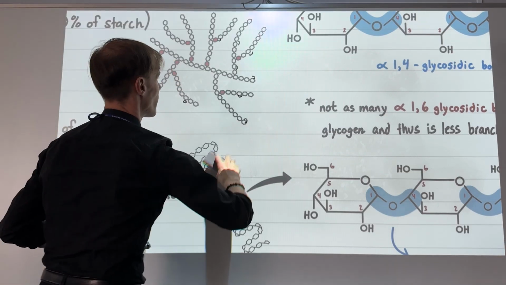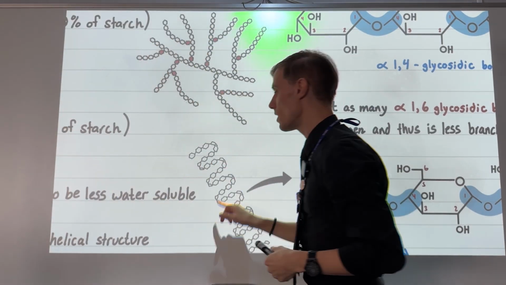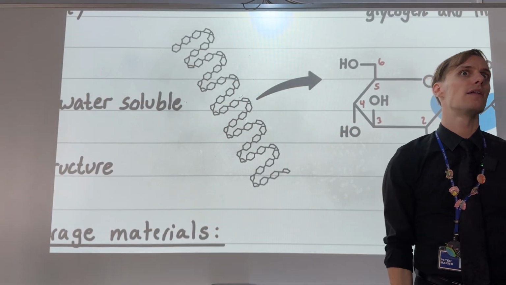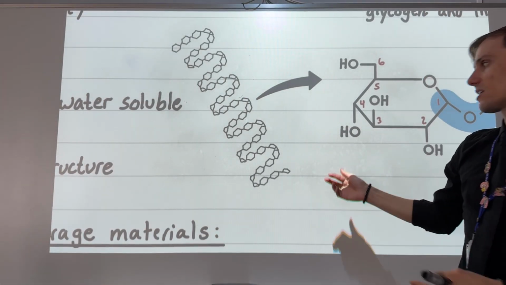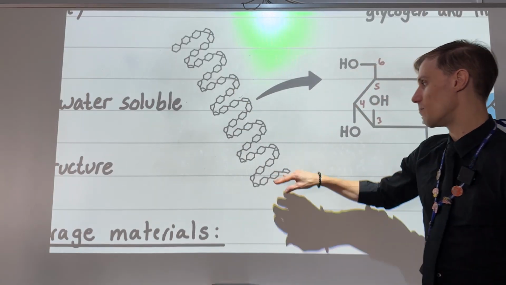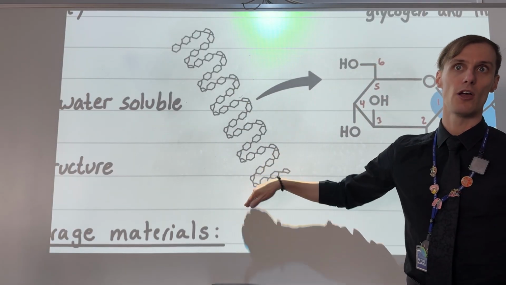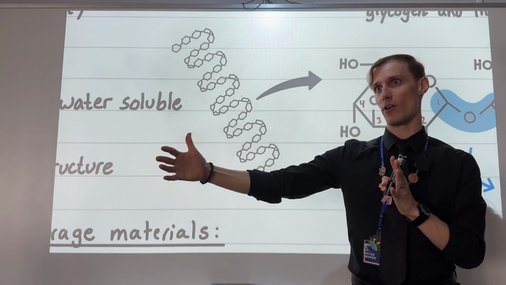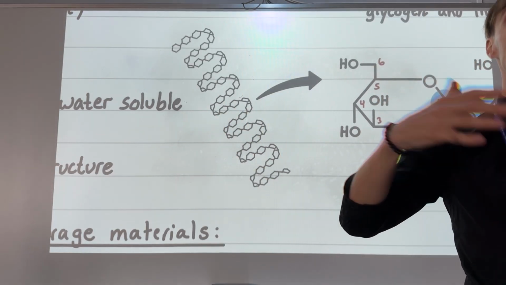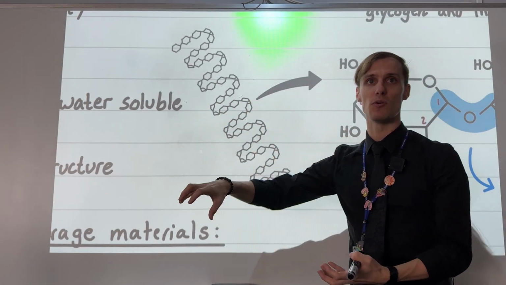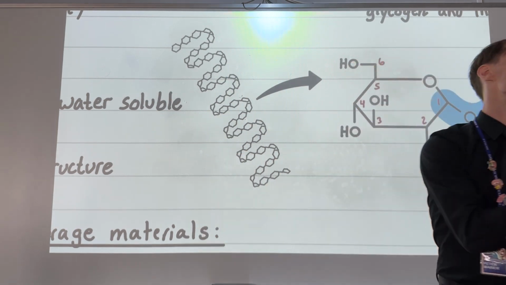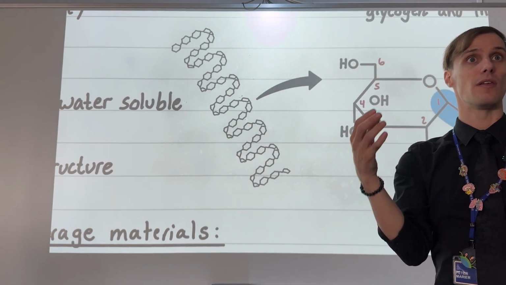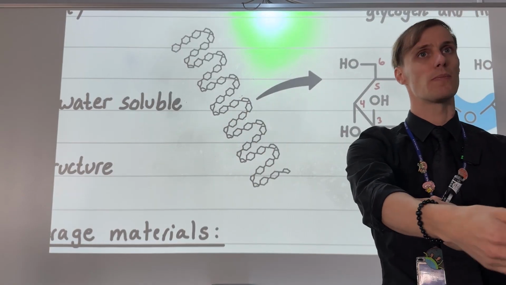If you compare this to an unbranched structure, then where can the enzymes operate? Effectively at the terminal ends. They can build off of here or break off of here. So it still works, but the branch structure is highly favored because it's much, much easier to add subunits on and break subunits off. So the branch structure is actually quite useful in its function as a short-term energy storage molecule.